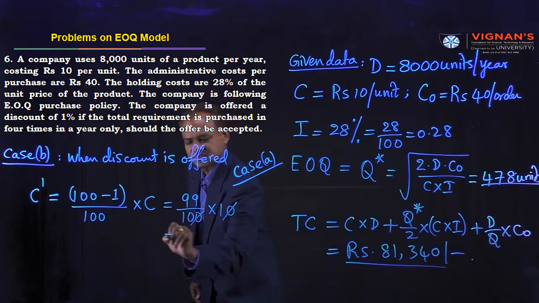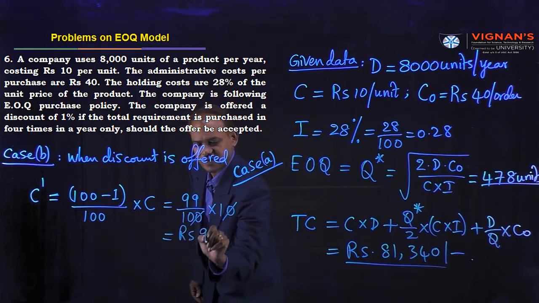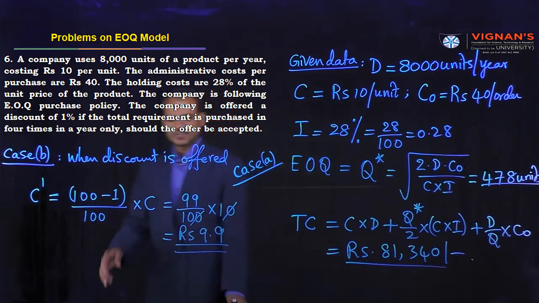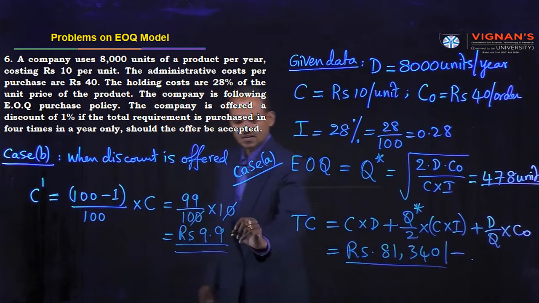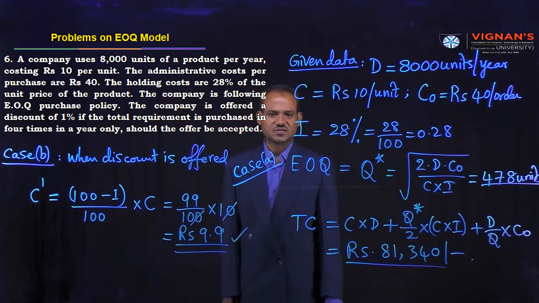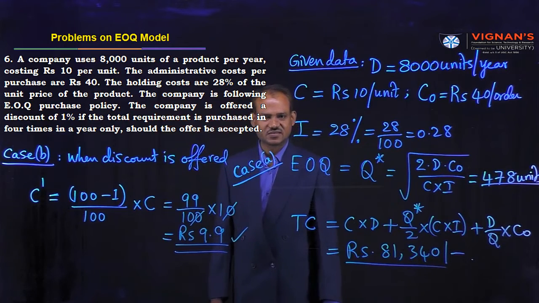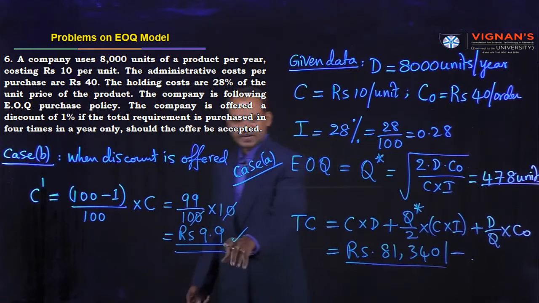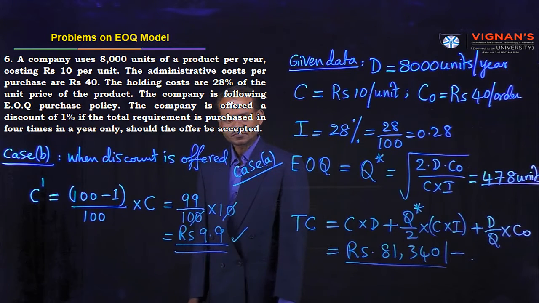It becomes rupees 9.9. A 1% discount means how much cost? 9.9 rupees, 9 rupees 90 paise. So this is the discount price. So at this cost, what is the total cost involved?